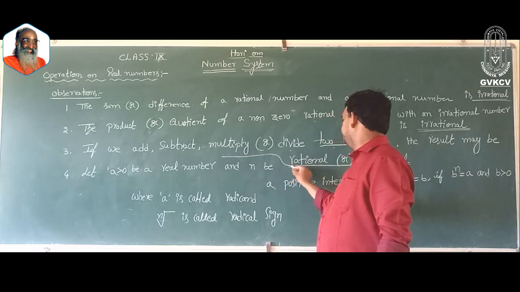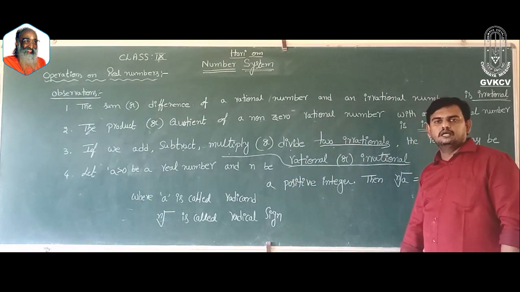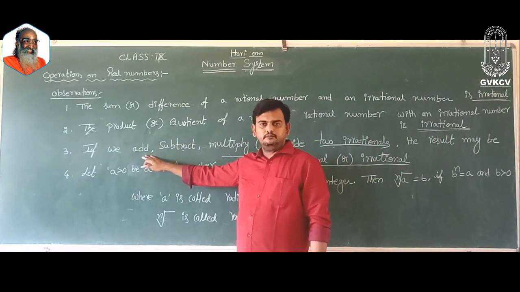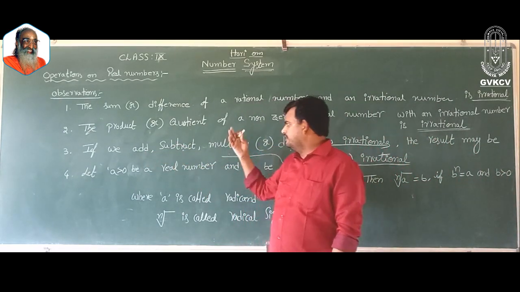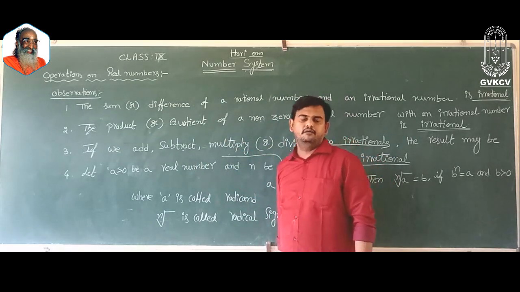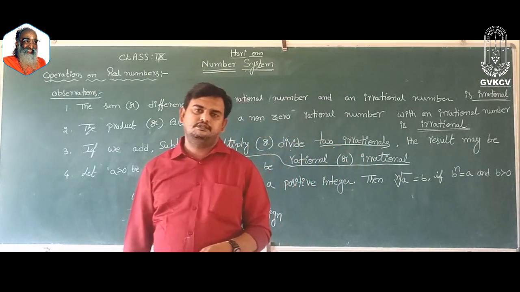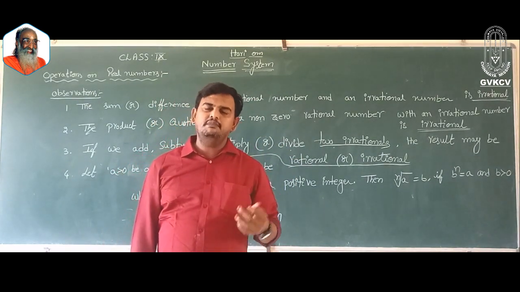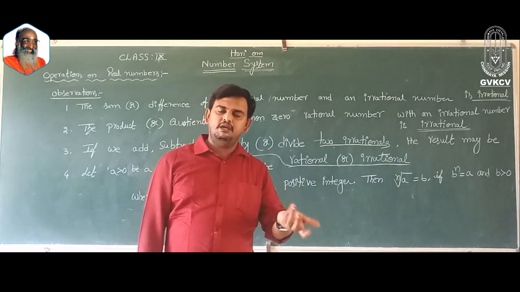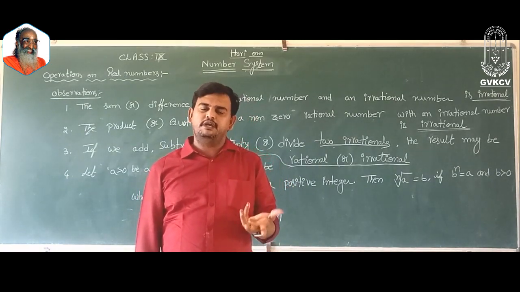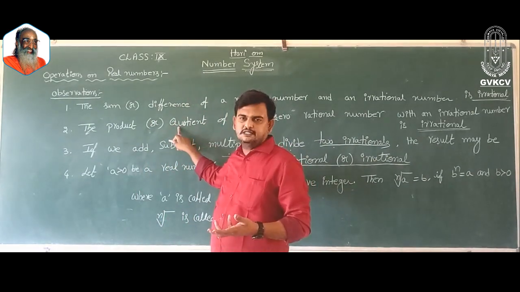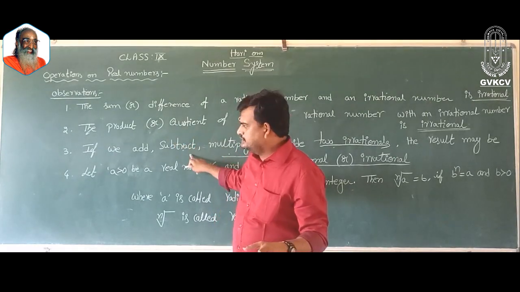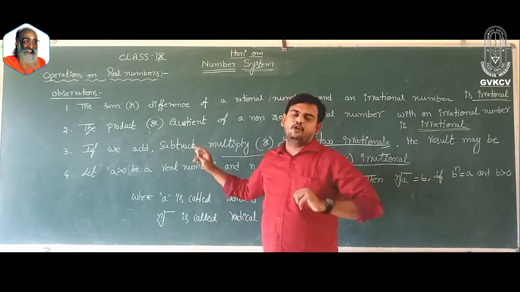So, when we add or subtract or multiply or divide two irrational numbers, your result may be a rational number or maybe an irrational. We can't say which one we get, but in the first two cases, no doubt at all, they are 100% irrational. But in the third one, may or may not.